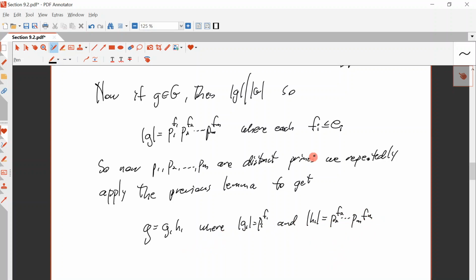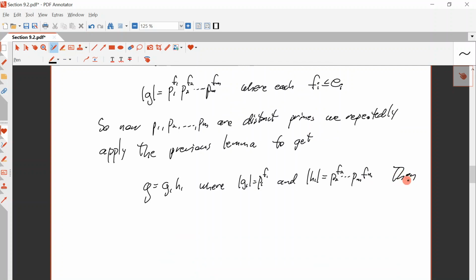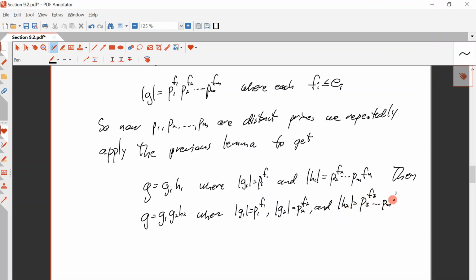And then G is going to be equal to G1 G2 H2. So where H1 is G2 H2, where the order of G1 is P1 to the F1, the order of G2 is P2 to the F2, and the order of H2 is P3 to the F3 all the way up to Pm to the Fm.